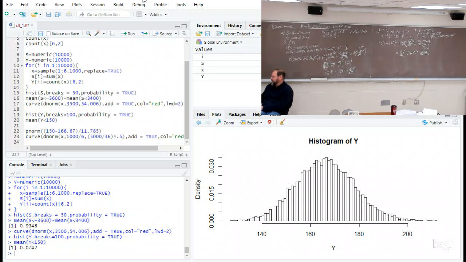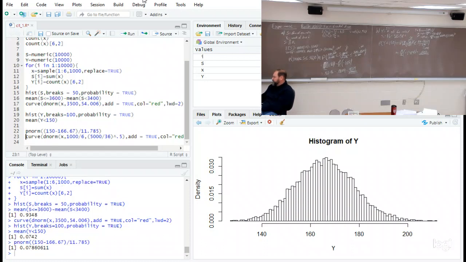It looks like 0.0742. And it was supposed to be 0.0786, which does not look like a bad approximation. So there's the exact answer.